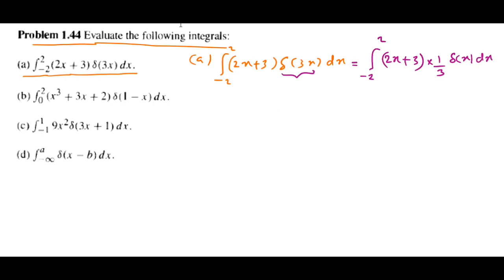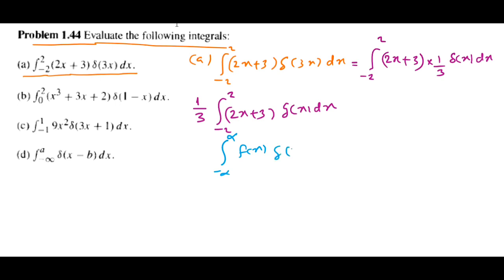Totally, this equation can be written as 1 by 3 times the integral from minus 2 to 2 of 2x plus 3 delta x dx. Now I can compare it to the standard equation. The standard equation was this one: minus infinity to infinity f of x delta x minus a dx is equal to f of a.